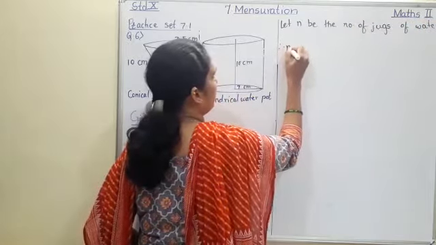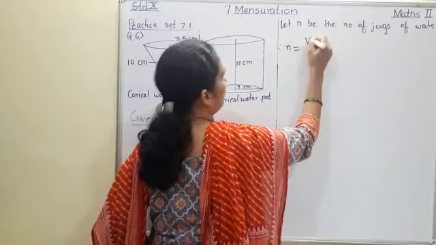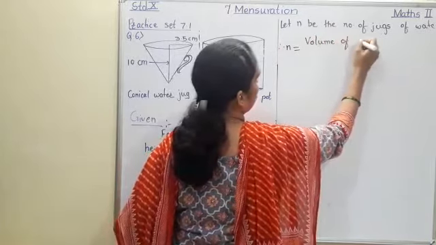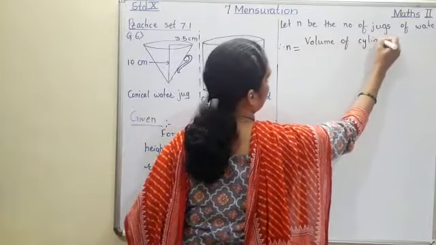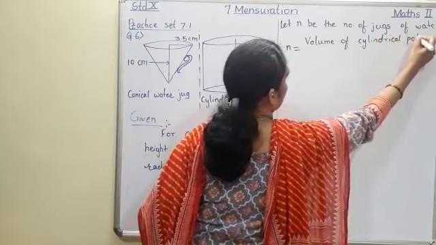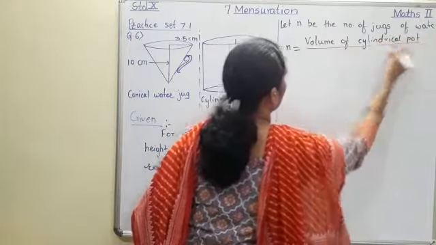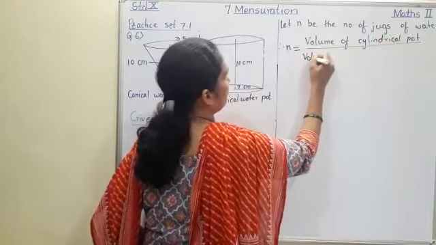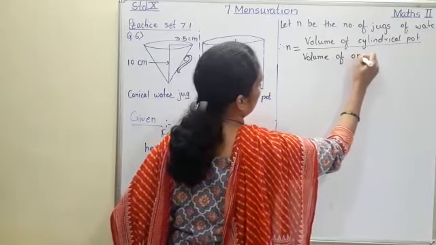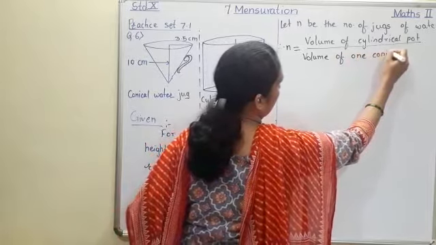Therefore, n is equal to the volume of the cylindrical pot whole upon the volume of one conical jug.